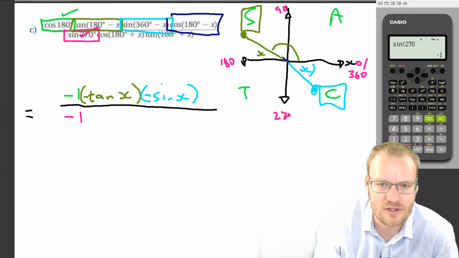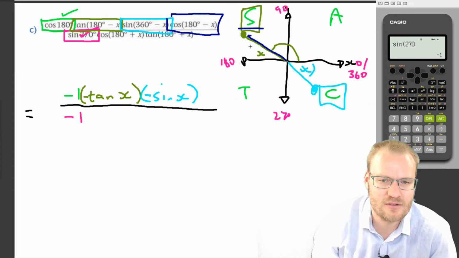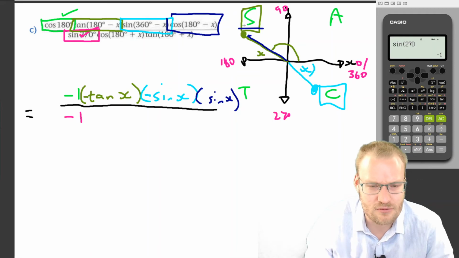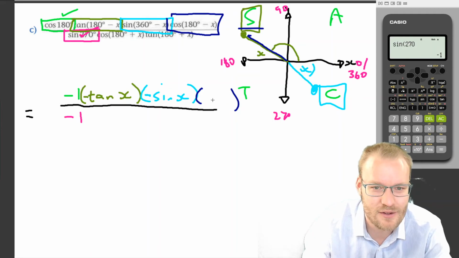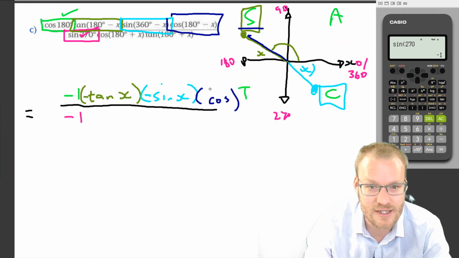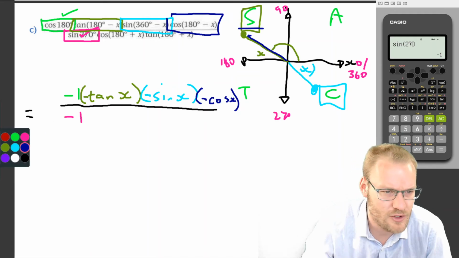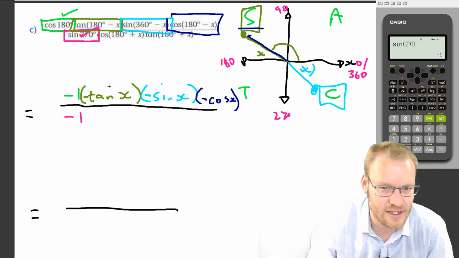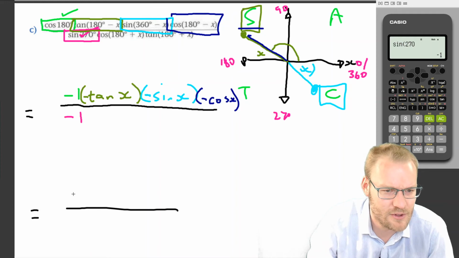Well, that's also going to be over here, and we're in sine's quadrant, as if it has ownership of it, and we've got cos, because it's cos over here, 180 minus x, so it must be negative cos of x. Okay, so now, we're going to figure out a negative times a negative times a negative times a negative is going to give us a positive. I'm going to put that there.